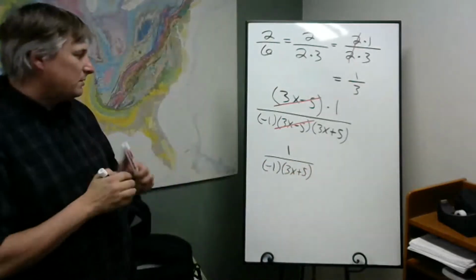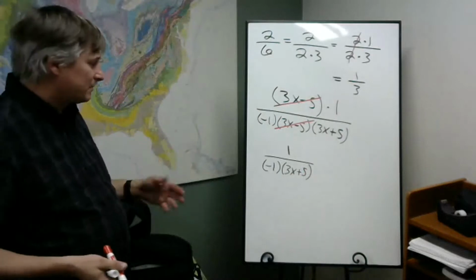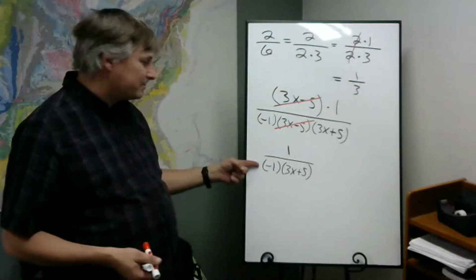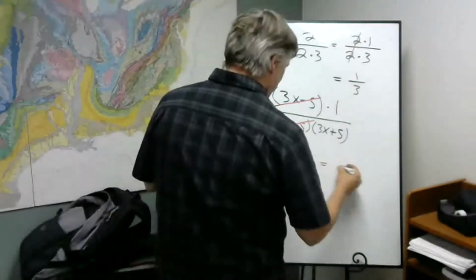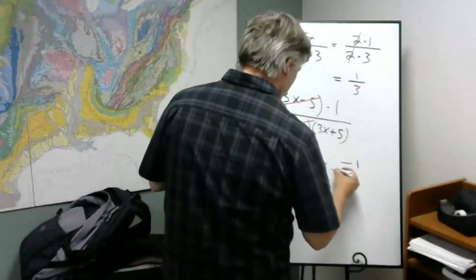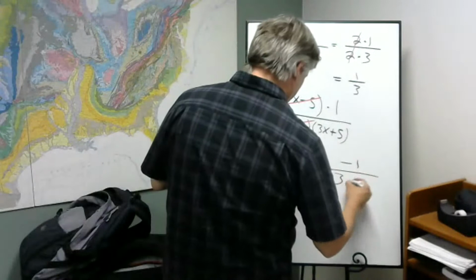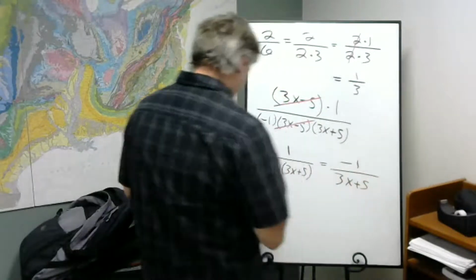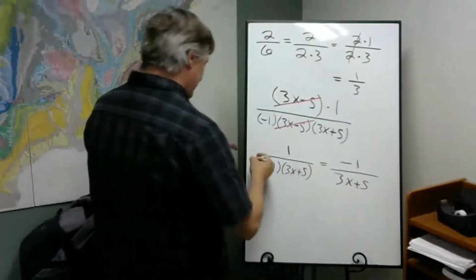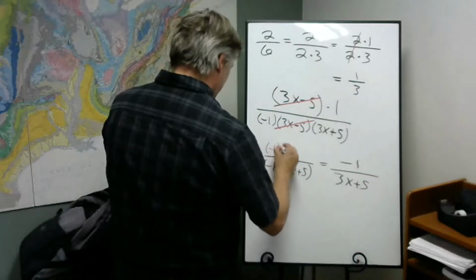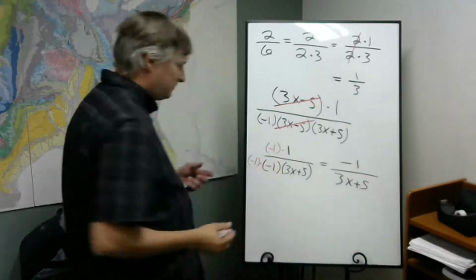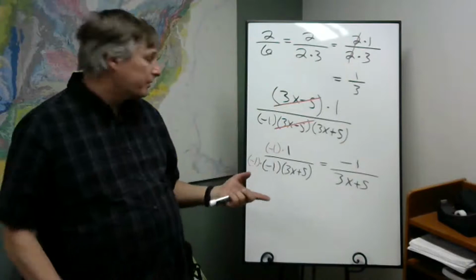Now, what we can do if we wanted to, and this is a bit pedantic, but you can multiply top and bottom by negative 1 to get this. And this is just sort of a style thing. You've already solved it when you get to this point.